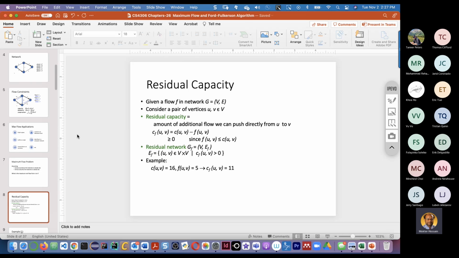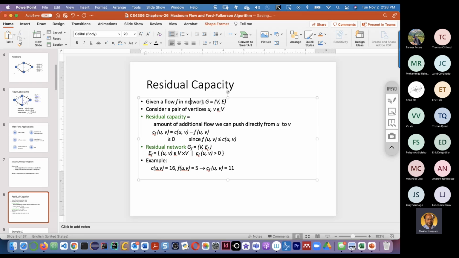So there is a term called residual capacity. Given a flow F in a network G, that means a graph-based network G of V, E, consider a pair of vertices U, V belonging to V, any two vertices.